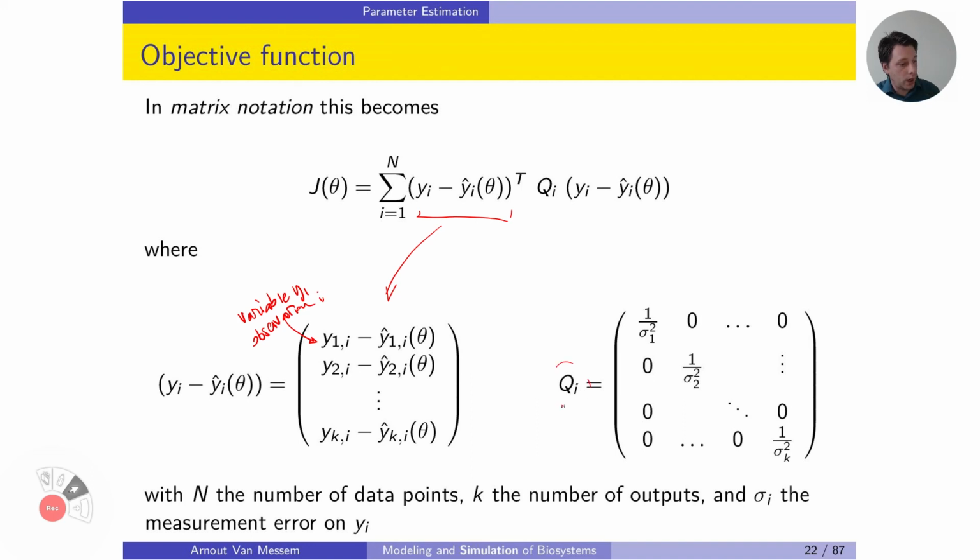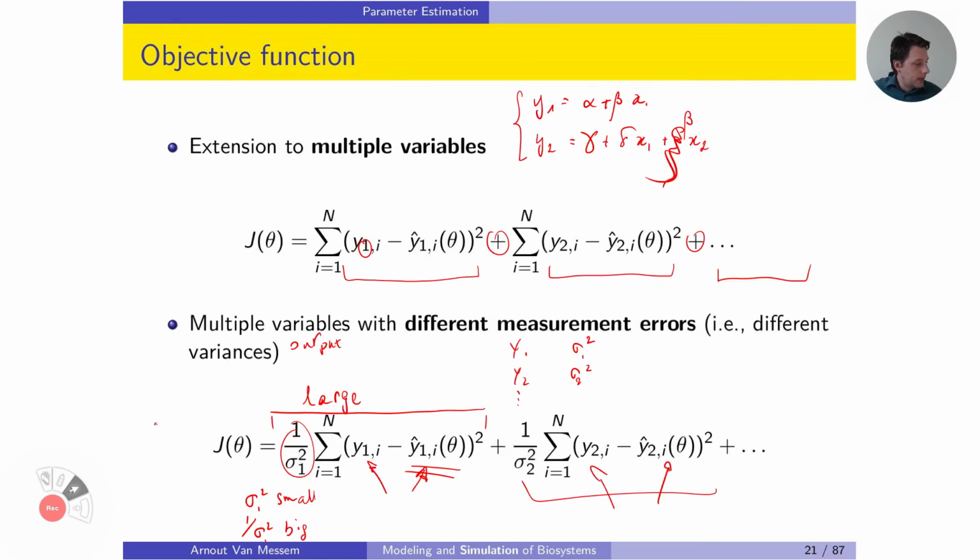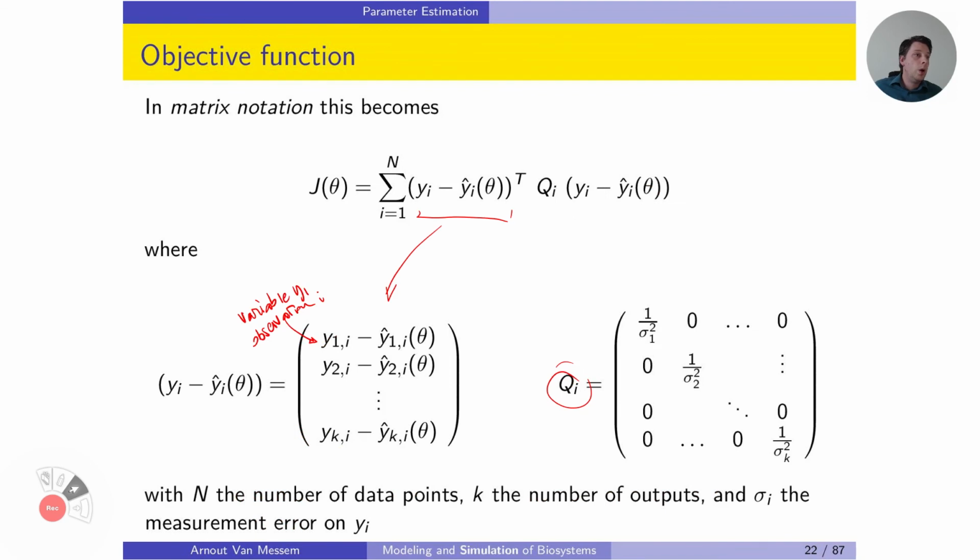And then Qi, for this observation, is just the diagonal matrix with all of the inverse variances. If you work this out, you see that this is exactly the same as the second objective function. So what we do here is we minimize J(theta) over the possible values of theta, in such a way that my predictions and my observations are as close as possible together.